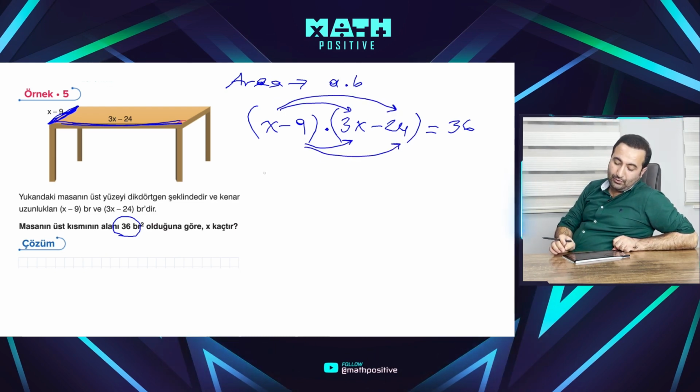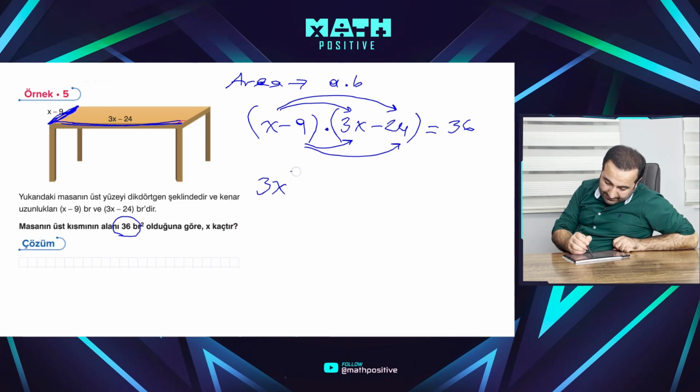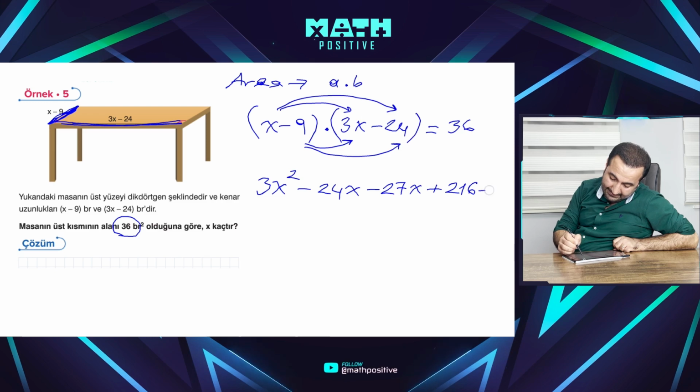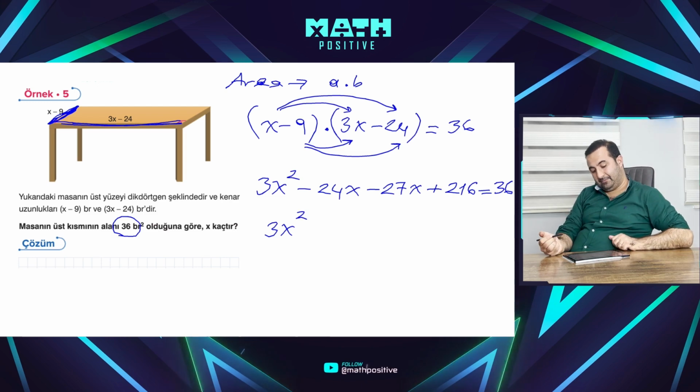Let's just begin with distributing these terms and write 3x squared minus 24x minus 27x plus 216 equals 36.